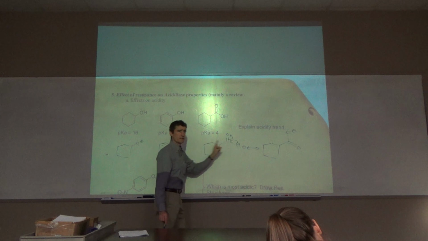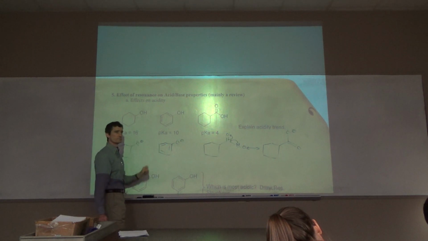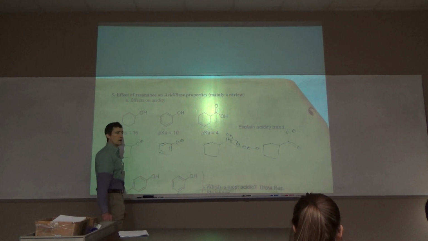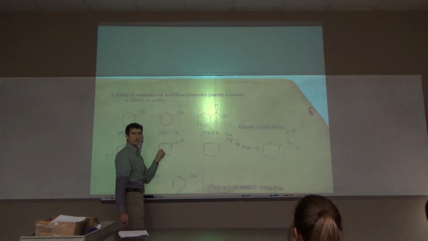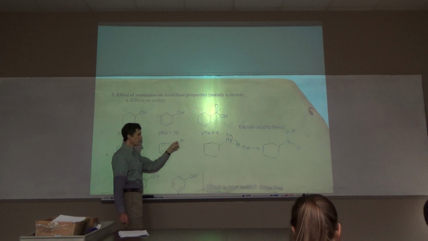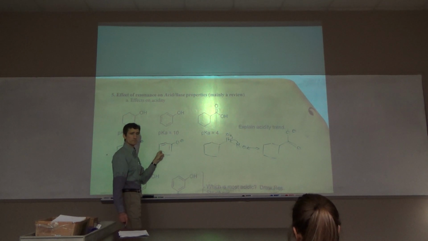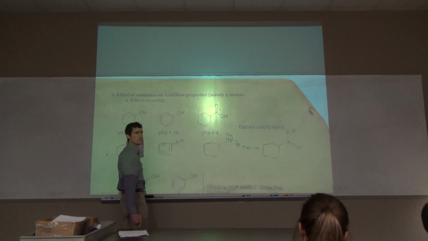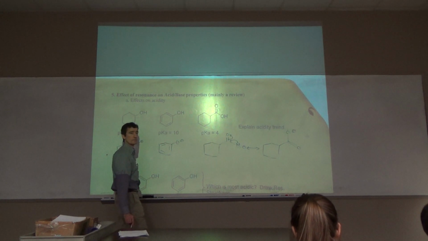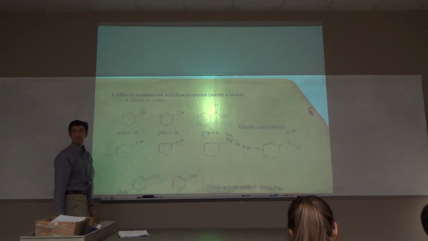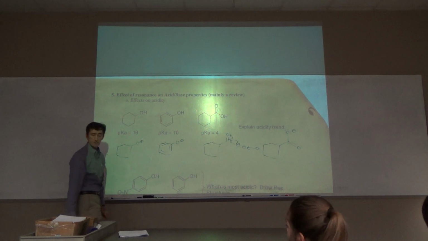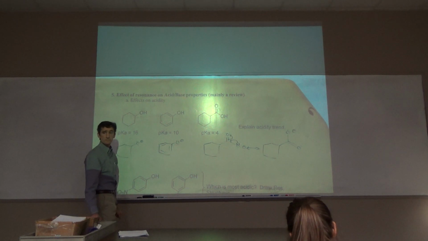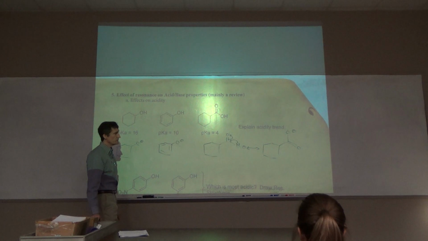Why is this anion more stable than this anion? The charge is actually more delocalized here. It's more spread around here. Seems like that would make it more stable. Why is this one more stable? Anybody? What type of polarity? What do you mean by polarity? Electronegativity. So further explain.